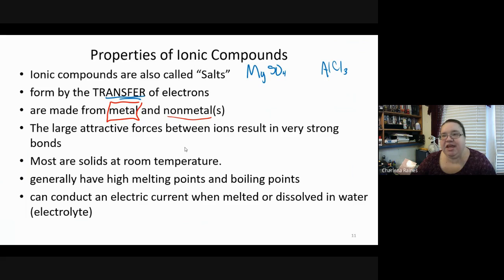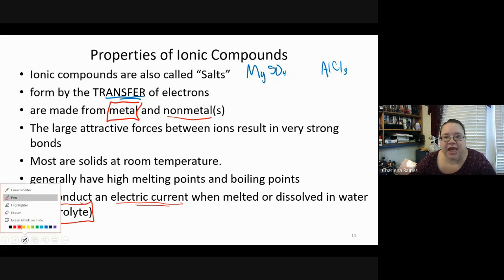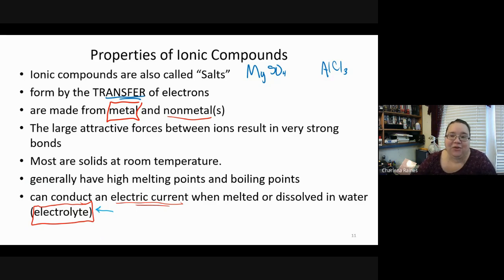Now, an interesting thing about most ionic compounds, when they are dissolved in water, will conduct electricity. And this is actually really, really interesting, but it's where we get the term electrolyte. So those of you drinking a sports drink because it has those electrolytes in it, well, that electrolyte is just a salt that is in your drink that allows your brain to conduct an electric current.